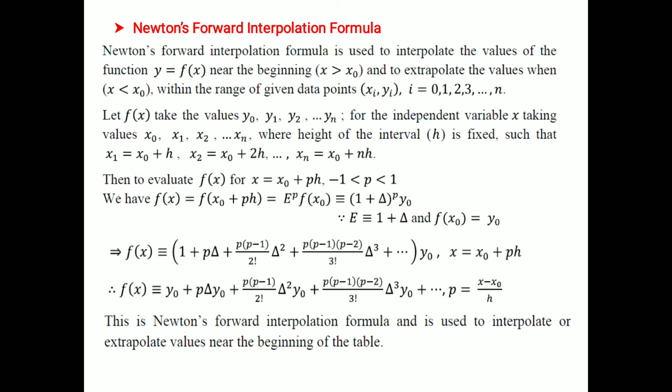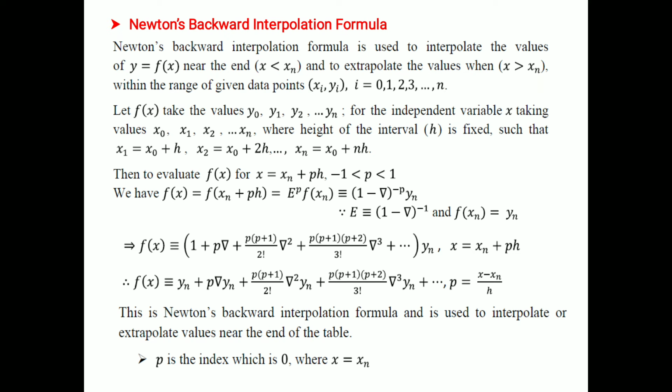This is Newton's forward interpolation formula and is used to interpolate or extrapolate values near the beginning of the table. Now Newton's backward interpolation formula is used to interpolate the values of y equal to f of x near the end, that is x less than xn, and extrapolate the values when x is greater than xn, within the range of given data points xi, yi.